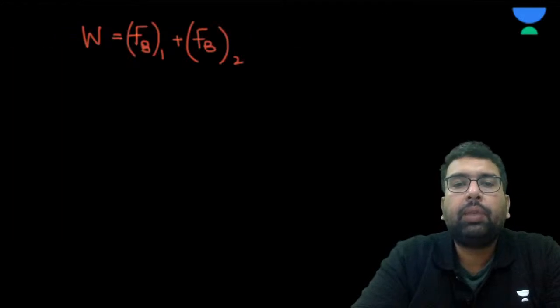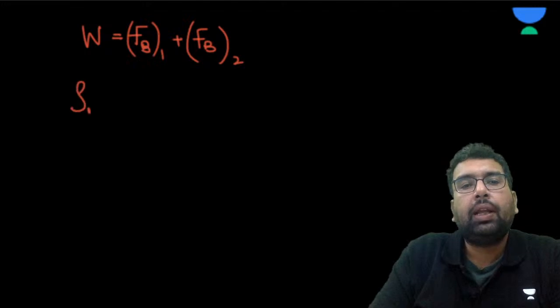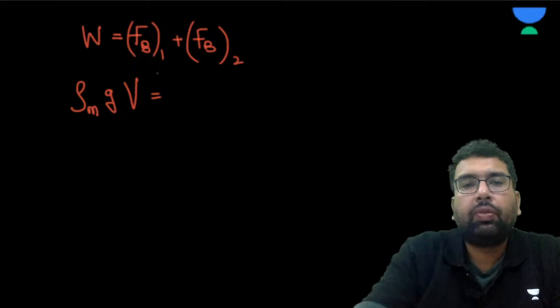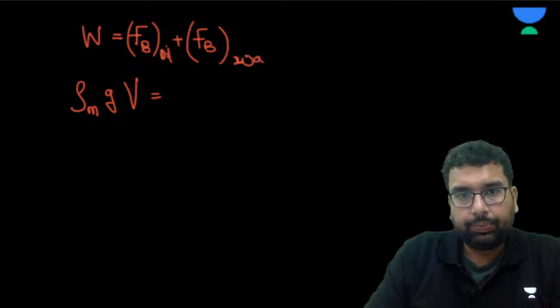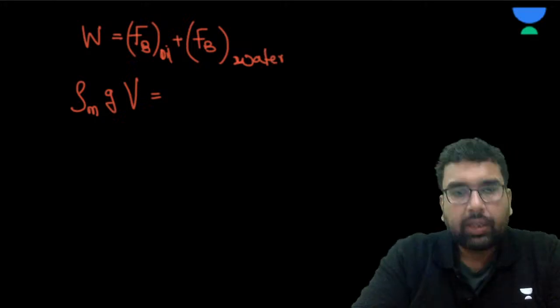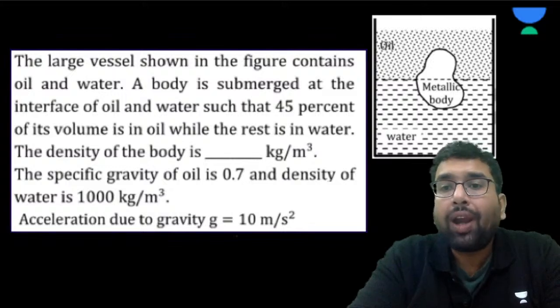Now, see what is going to happen. The weight of the body is the density of the material into g into volume. Now the force of buoyancy in oil, and this is water. The force of buoyancy in oil is the weight of the oil displaced.